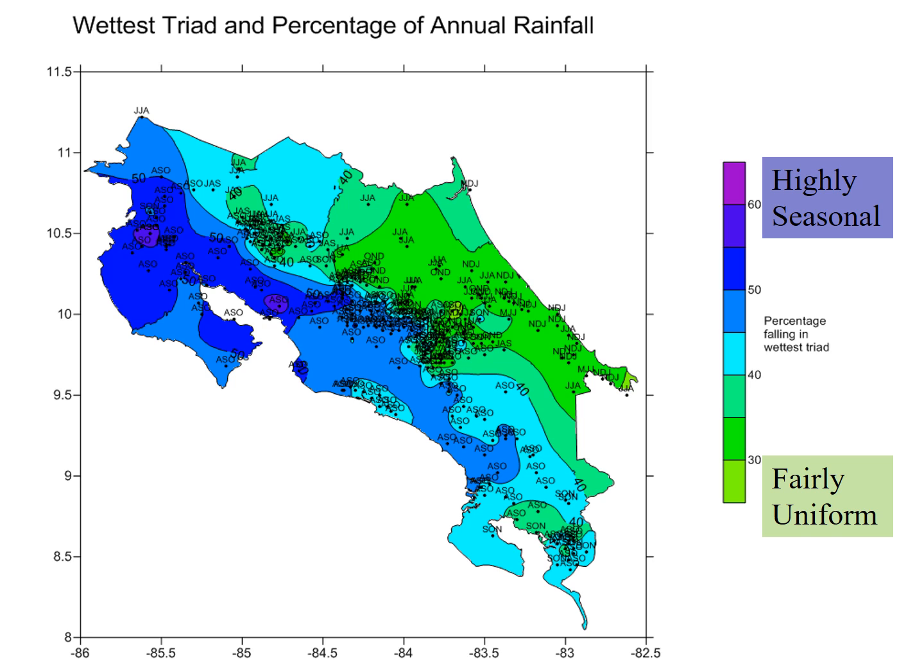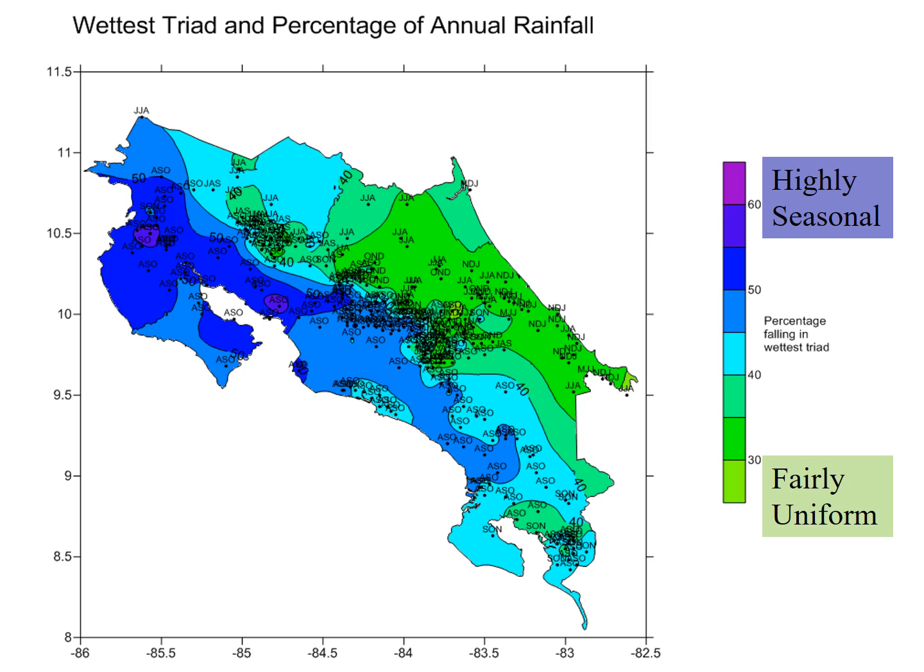That's telling us that the wettest 3 months are June, July and August. Over on the extreme northeast coast, the letter code is NDJ for November, December and January. So not only do we know how much rain in terms of the percentage of the annual total is falling in the wettest triad, we also can tell what that wettest triad is.